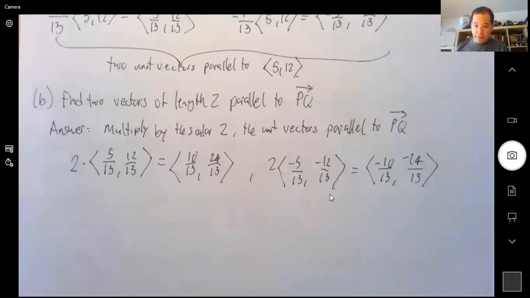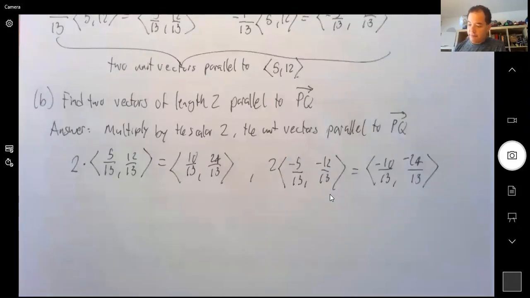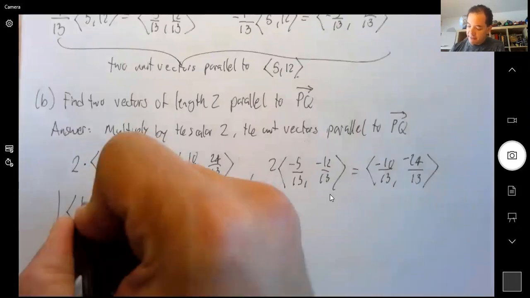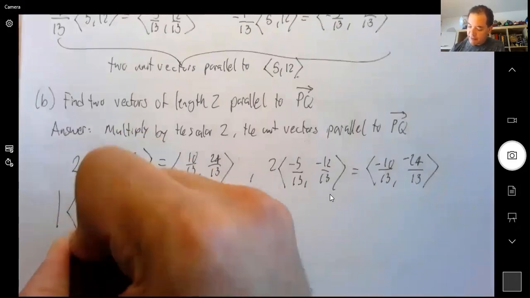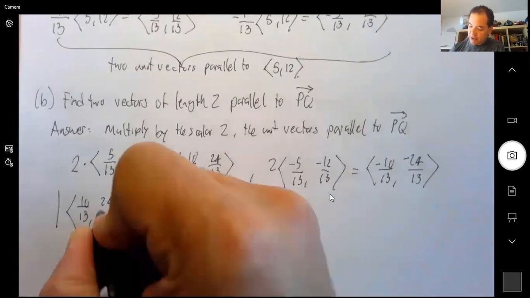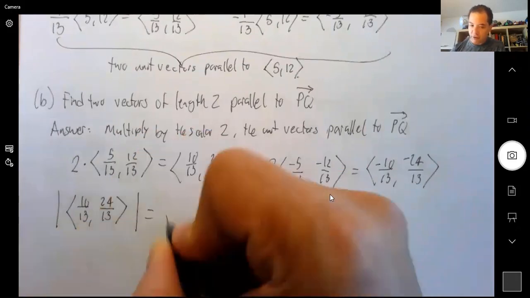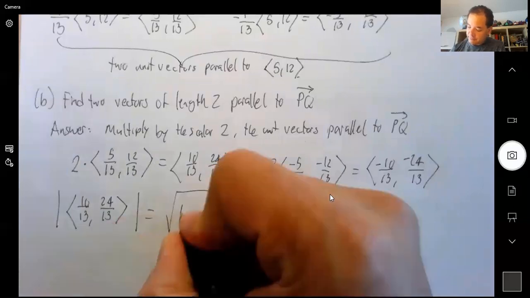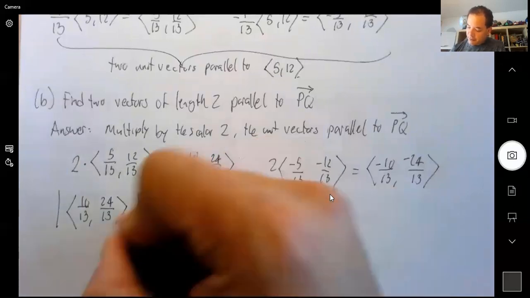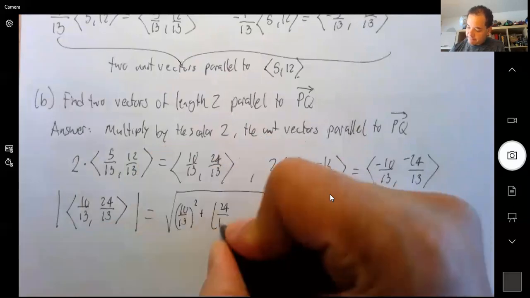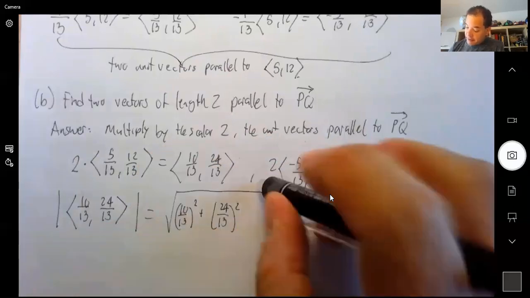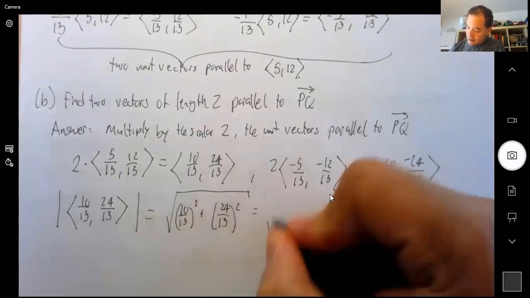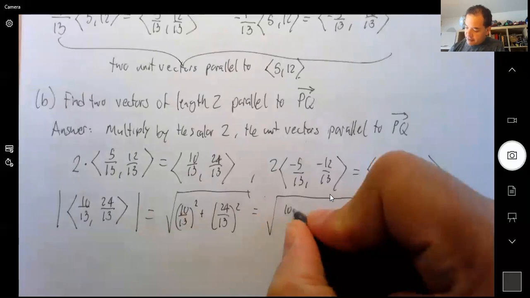If you really, really want to check, you can do it. Let's say that we don't believe the answer. So let's get the magnitude of this one. The magnitude would be this number squared plus this number squared. This is 100 over 169.